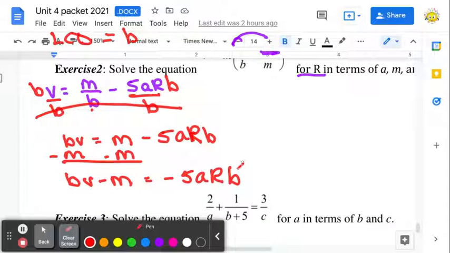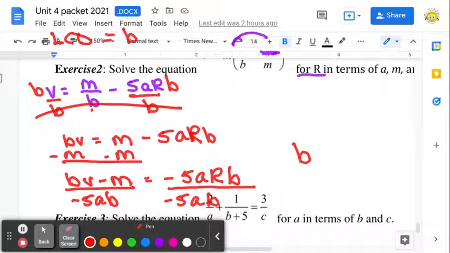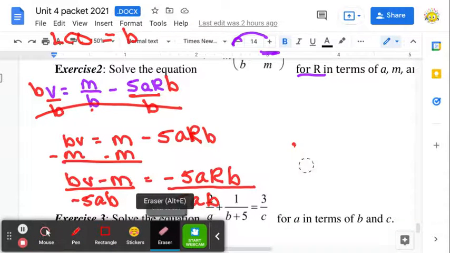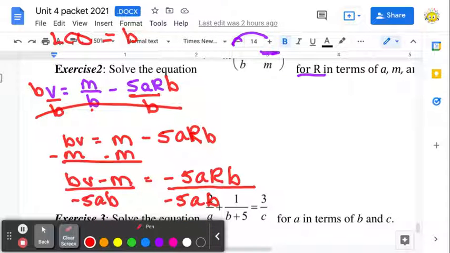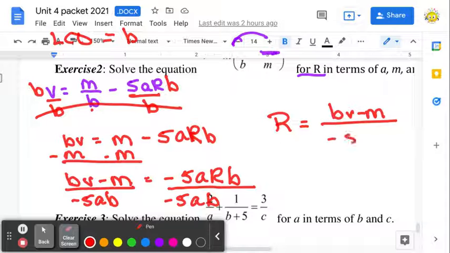So this is negative 5 times A times R times B. To get R by itself, divide by everything except the R. So I end up with, this stuff's enough to give you a headache, R equals BV minus M over negative 5AB.